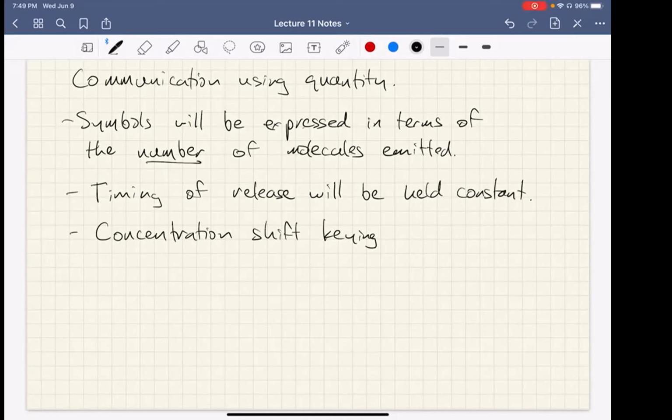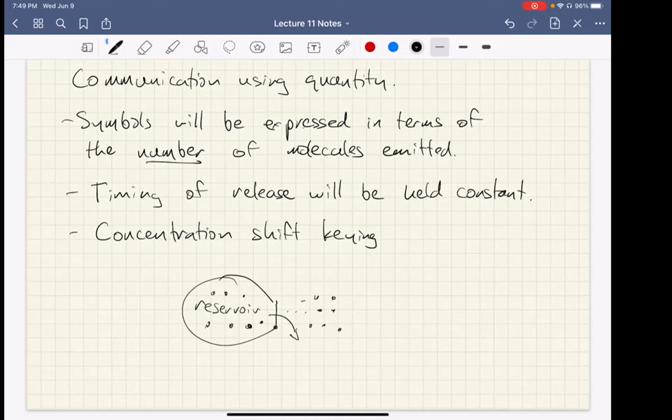One way to think about it is you have your reservoir, and you have, for example, a door in the reservoir. If you want to send a message, you open the door to the reservoir and let molecules flow out.